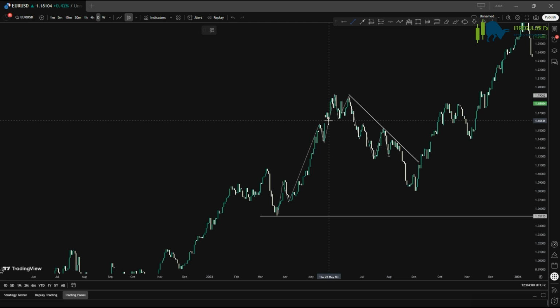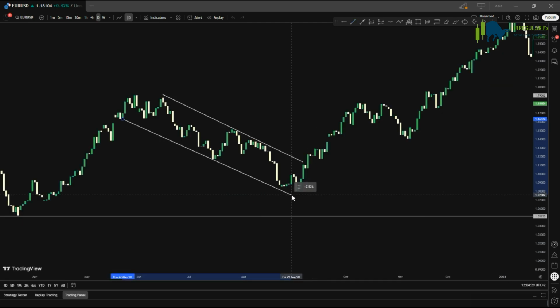So here's our first low, then our second low is this one. Then at this point, what do we do? We wait for the market to give us a dead touch. For this one, our dead touch was around here.